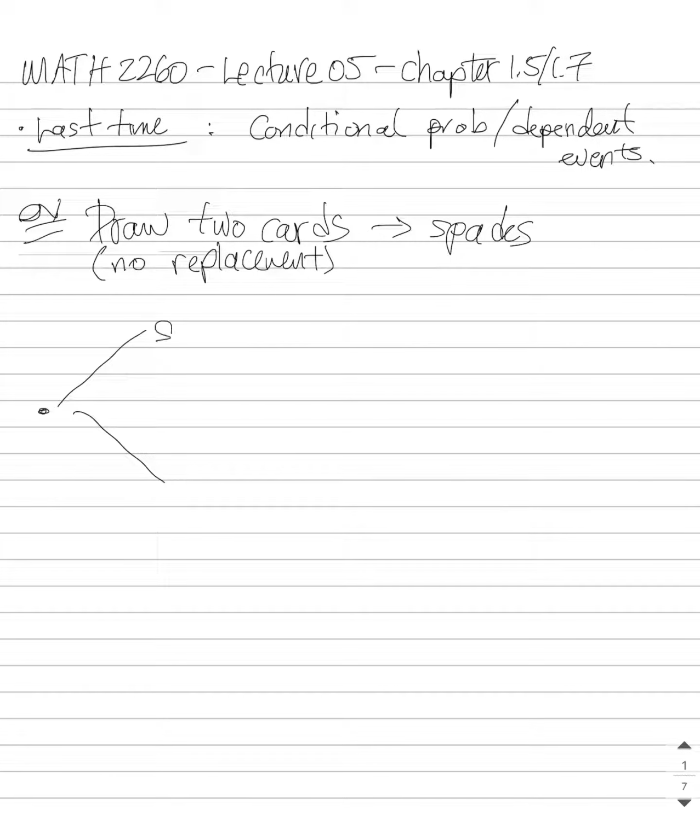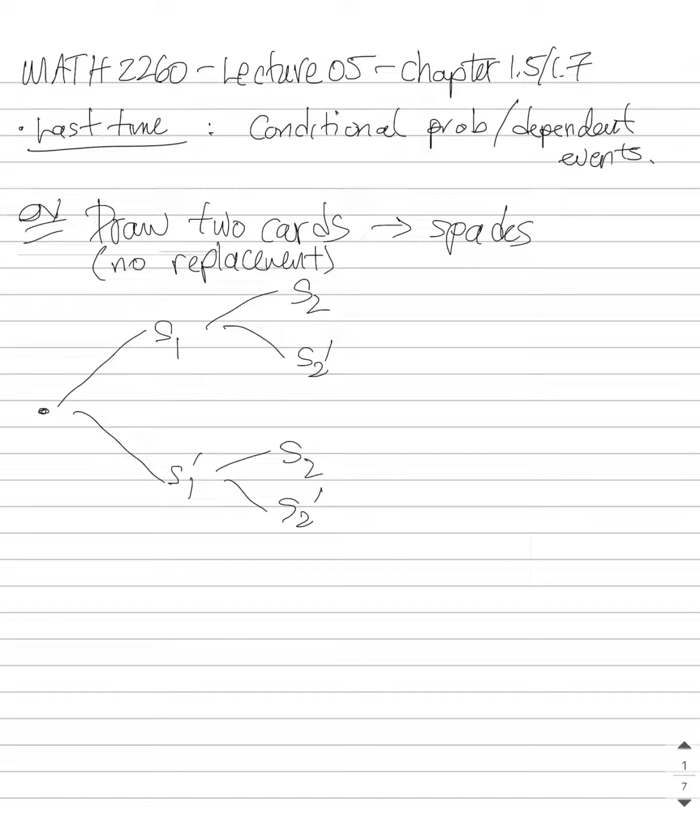So in terms of a tree diagram, we are going to partition things in terms of spade or not spade. So in the first round, you could either get a spade or not. And then in the second round, the similar situation happens, spade or not spade. We can extend tree diagrams and we can put in probability values here too.